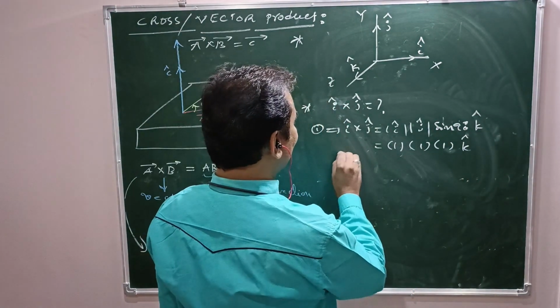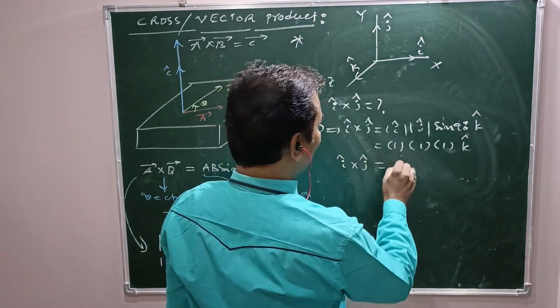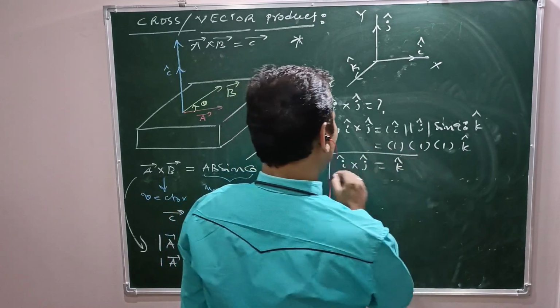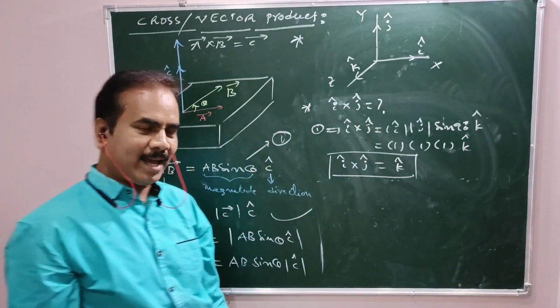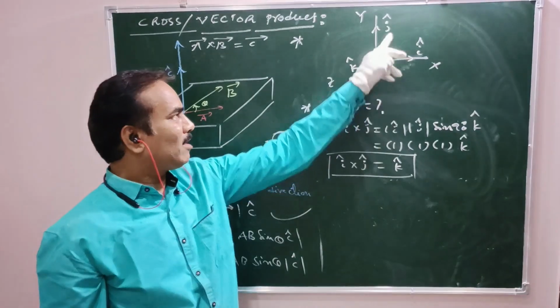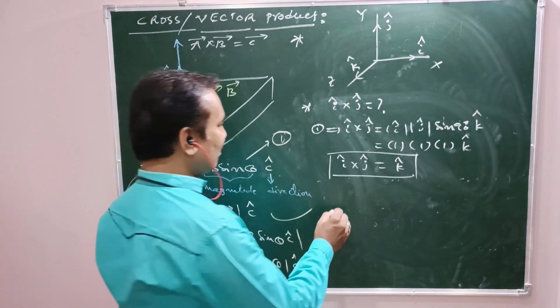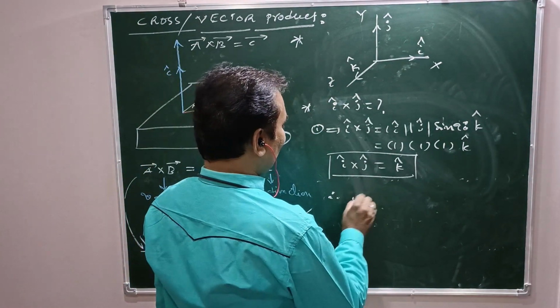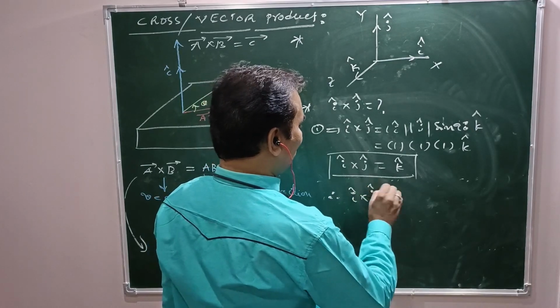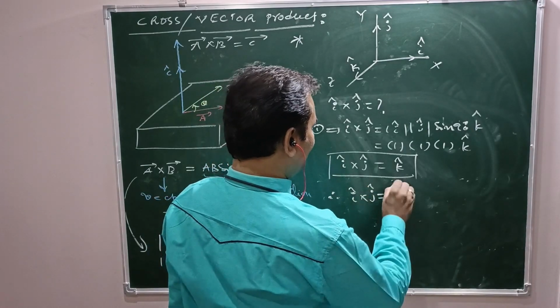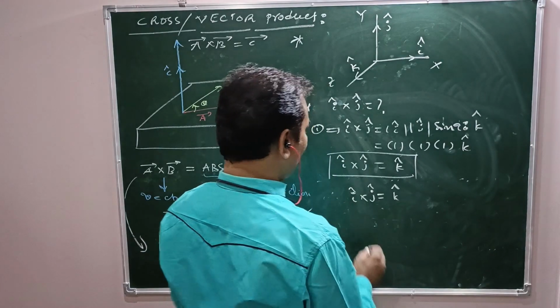So therefore I cross J equals K. That is, I cap cross J cap equals K.